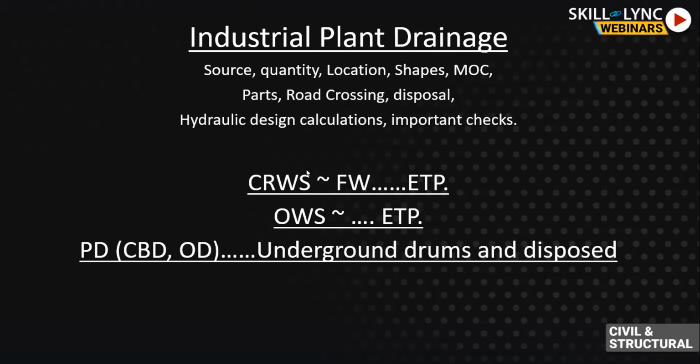Those chambers are connected to each other, and then they go finally into the effluent treatment plant where they are treated. The effluent is removed. The harmful effects of the effluent are nullified by adding some chemicals to it. They are made harmless, and the water recovery, if it is good, is connected back to the raw water fire water pond. So like this, you have to understand the whole system.